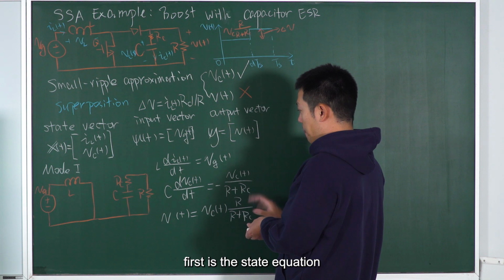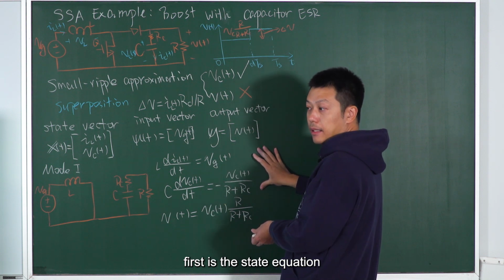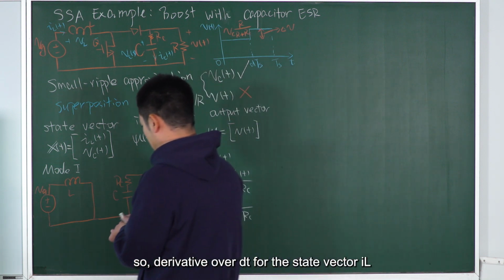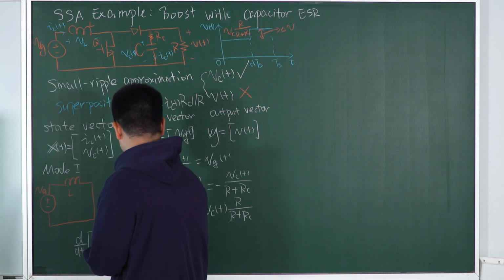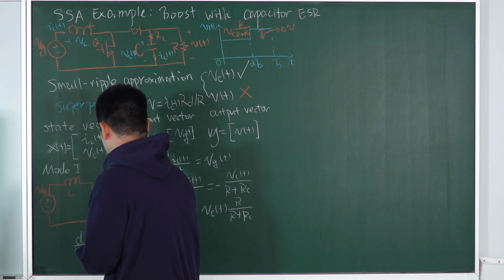First is the state equation. So the derivative over dt for the state vector IL, Vc.